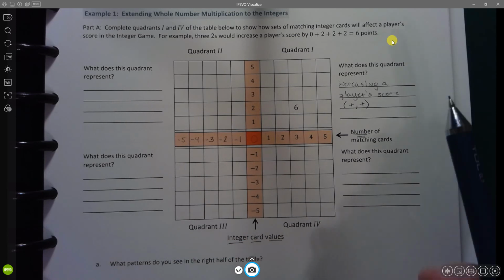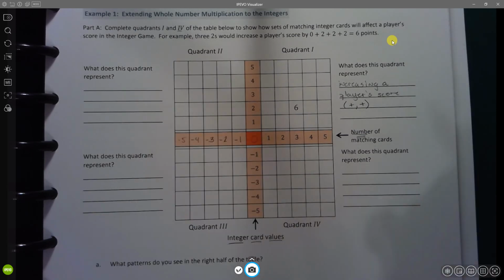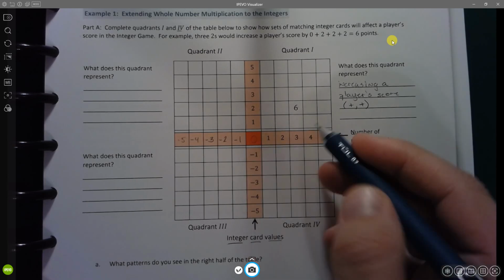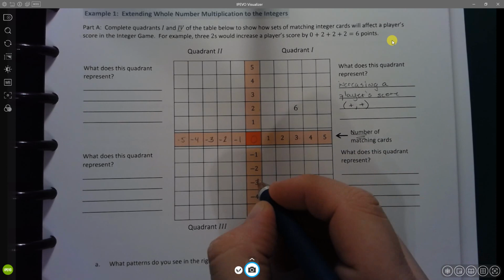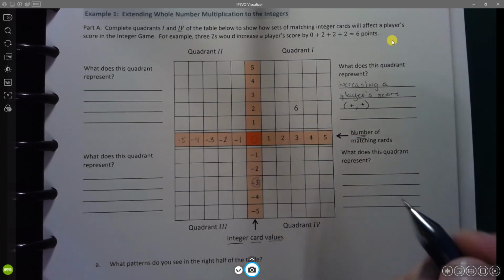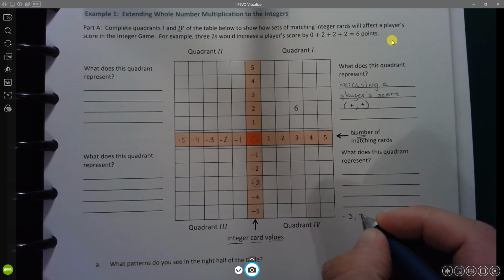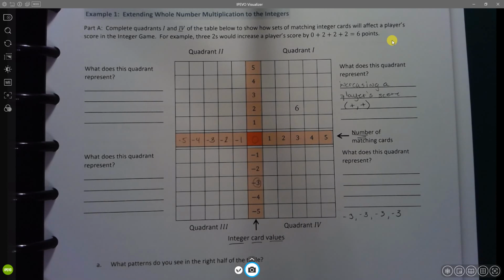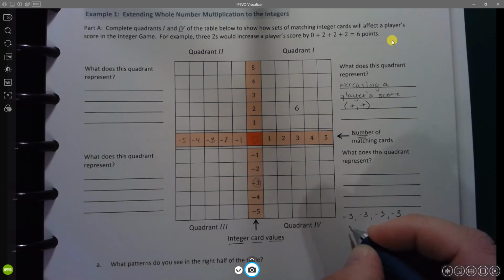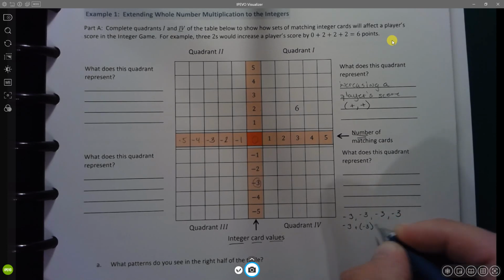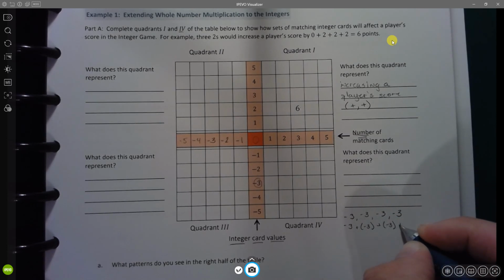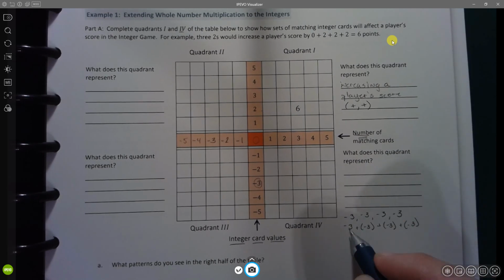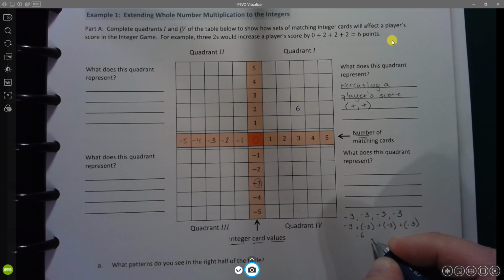Now, it only wanted us to look at quadrant 1 and 4, so let's look at quadrant 4 here. Let's say I have 4 cards with a value of -3. So -3, -3, -3, -3. How much would my hand be valued at? Well, that just means we have to add -3 plus -3 plus -3 plus -3. -3 plus -3 is going to be a -6, plus -3 plus -3 is going to be a -6 as well. -6 plus -6 would be a -12.